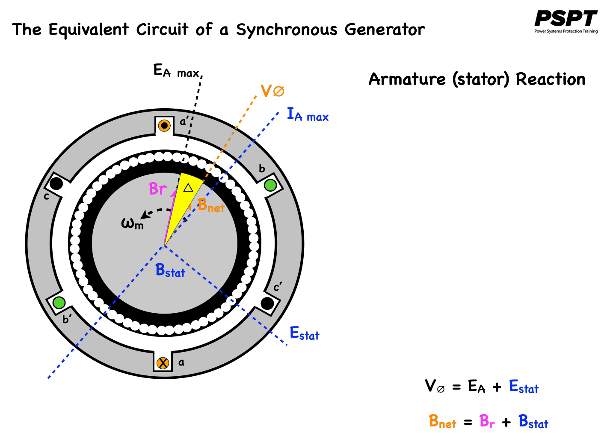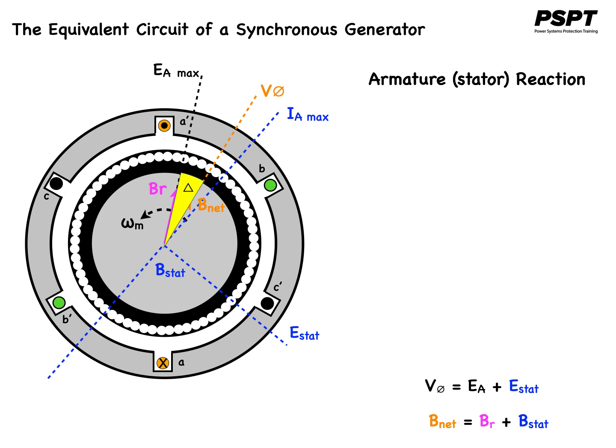This angle is proportional to the amount of power being supplied by the generator, and we'll see this a little bit later. Note that the voltage E stat lies at an angle of 90 degrees behind the plane of the maximum current IA.